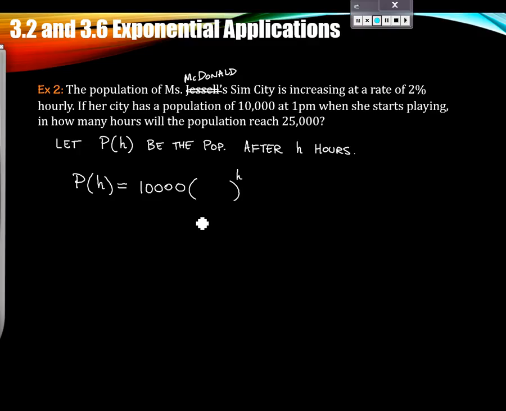All right, so this is a little bit of a tricky thing to think about, what the growth factor is each time. We need to think about what are we multiplying by? Every time as we move from 1 hour to the next, we want to multiply by something that increases the value by 2%. So what do you multiply by to increase the value of something by 2%? 1.02, right?